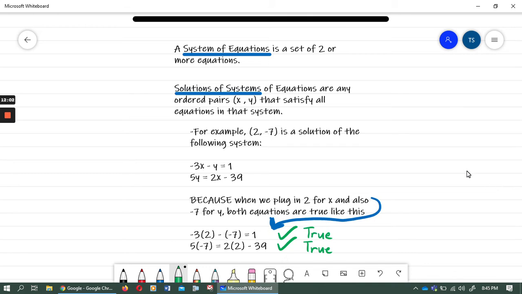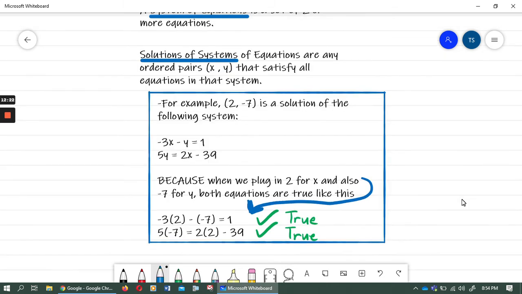Okay, and so we're going to talk about the substitution method for solving systems of equations. And right now, since we're focused on systems of linear equations, we're going to talk about how to solve systems of linear equations using the substitution method. Substitution method coming right up.